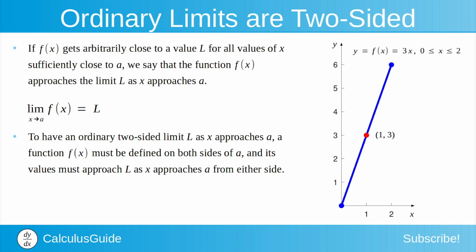As the value of x approaches 1 from the negative side of 1, through values less than 1, the value of f of x approaches 3. As the value of x approaches 1 from the positive side of 1, through values greater than 1, the value of f of x approaches 3 also.